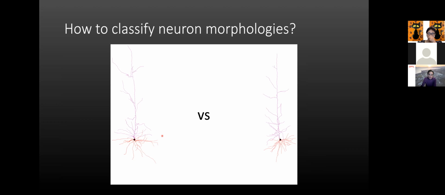So here's an example of two of what are called digital reconstructions of neurons. Where these things come from is that in a lab, somebody will take a very thin slice of brain tissue, put it under a microscope, and then some poor PhD student or postdoc has to spend many, many hours peering into the microscope at this neuron and very carefully recording the 3D coordinates of quite a number of points on this whole tree structure.